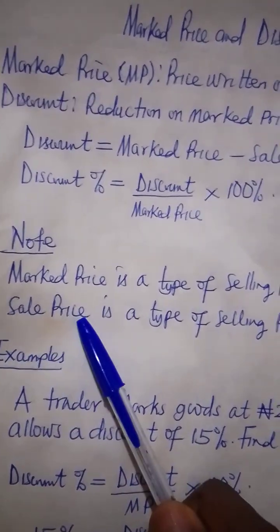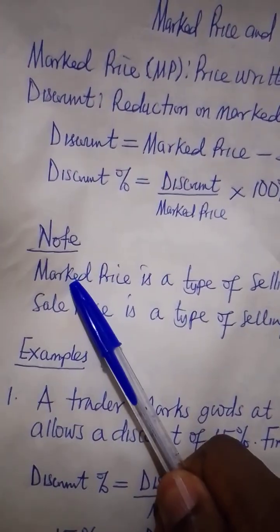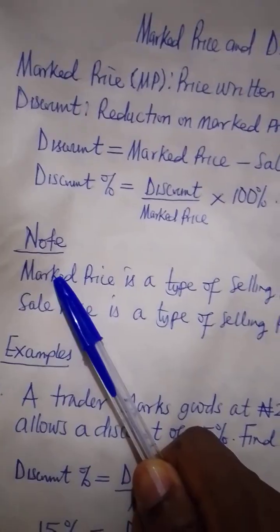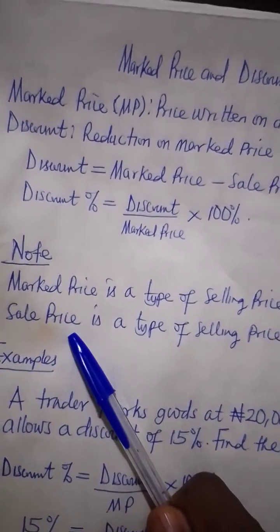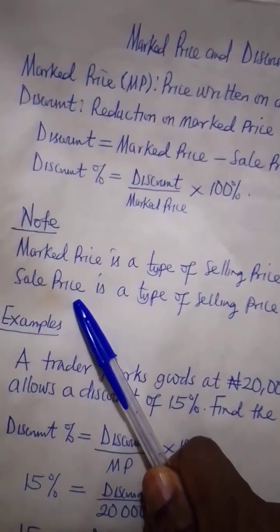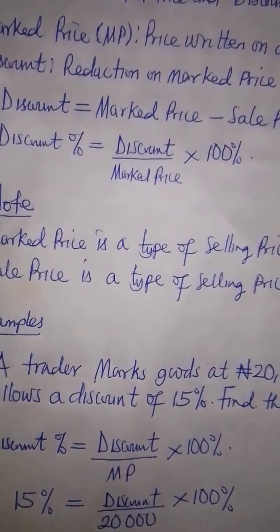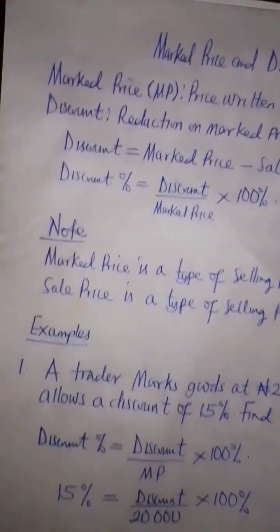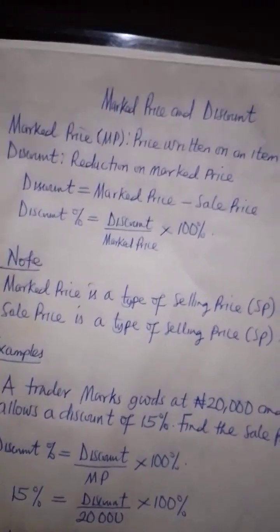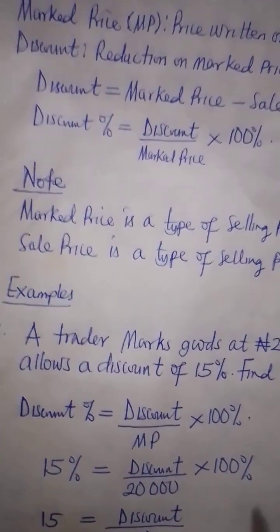The sale price is also a type of selling price. So I would like you to keep that at the back of your mind, that marked price is a type of selling price. Sale price is a type of selling price. That is, if any reduction is not given, the marked price on the item automatically becomes the selling price. So then marked price is a type of selling price.